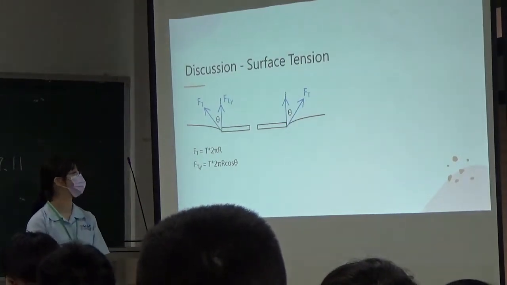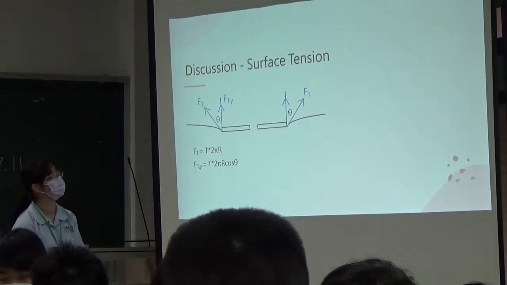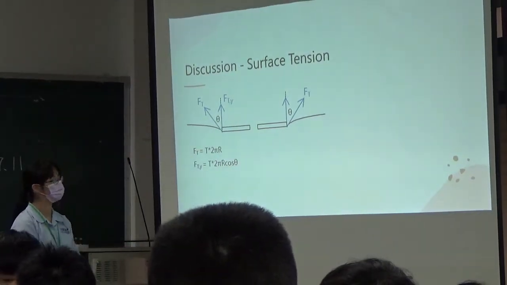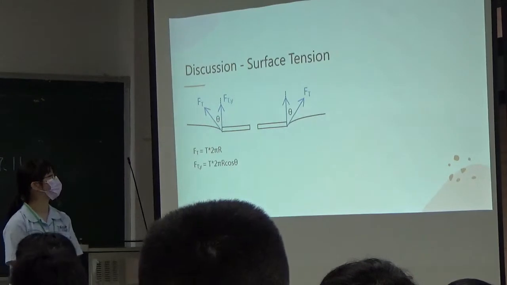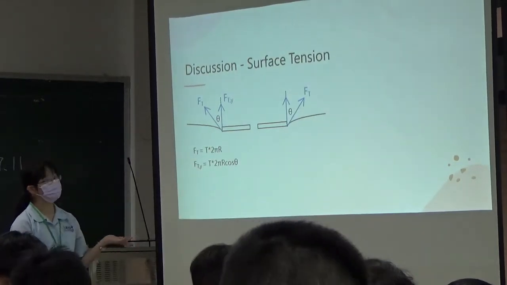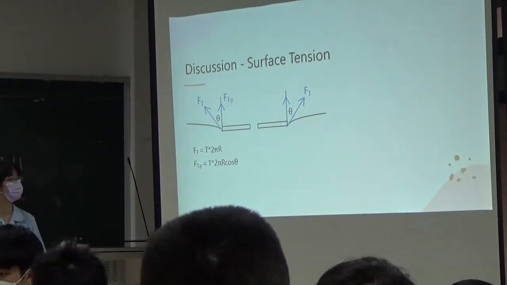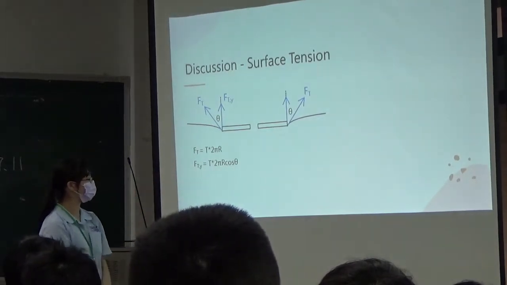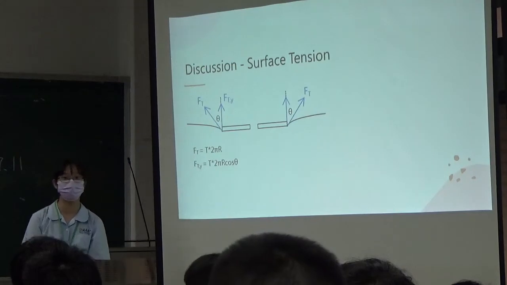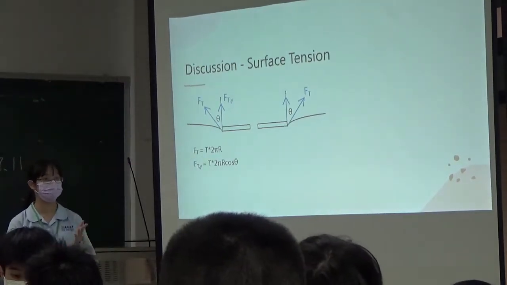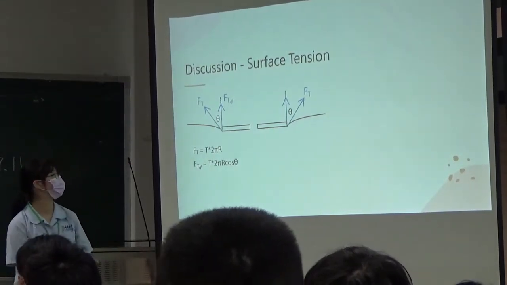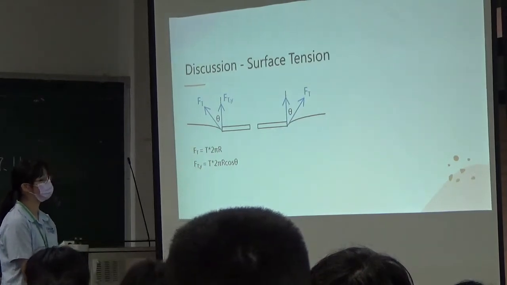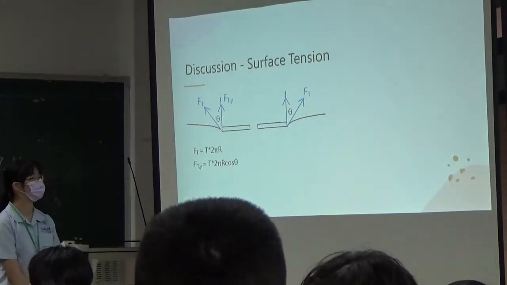In this case, the length is the circumference of the disk, which is 2 pi r. So now we know that Ft, the tensile force, equals the surface tension T times 2 pi r. So Fty, the vertical component of the force, is Ft times cosine theta, which is T times 2 pi r times cosine theta.